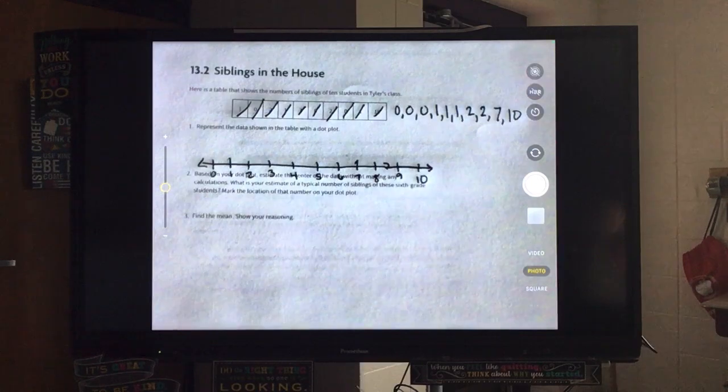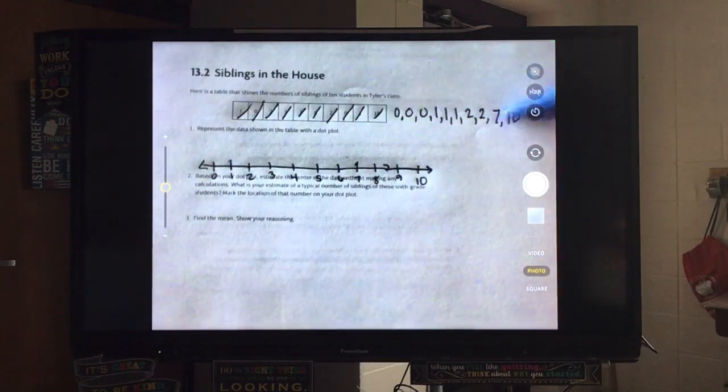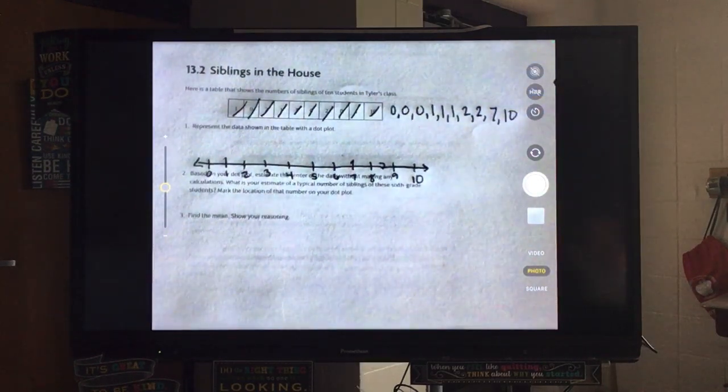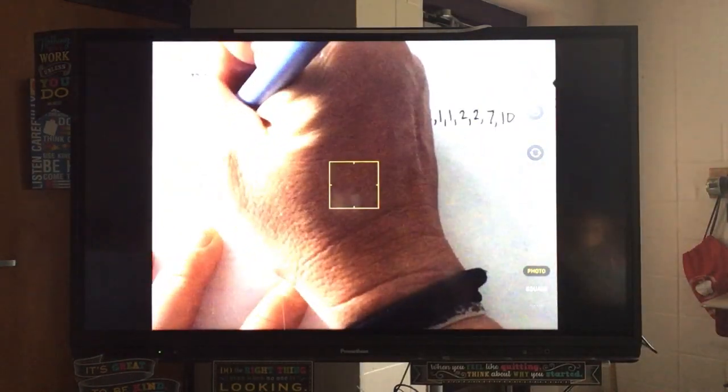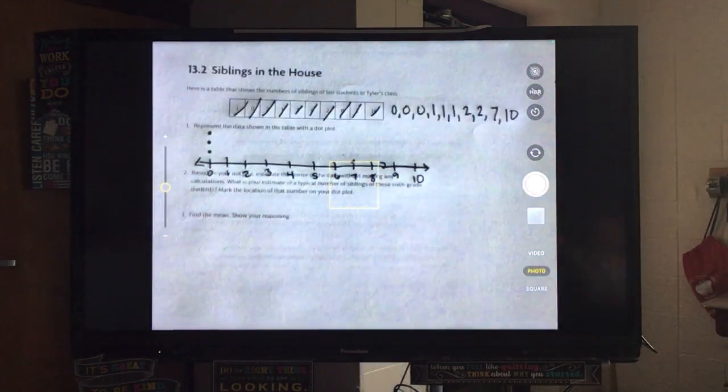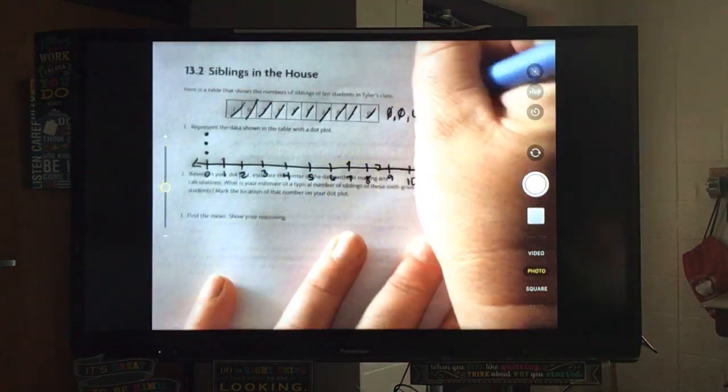Okay, so now we have our numbers in order from least to greatest. So if we have 3 zeros, how many dots do you think we're putting above 0? Yeah. So you're just going to go 1, 2, 3. Hence the name dot plot.